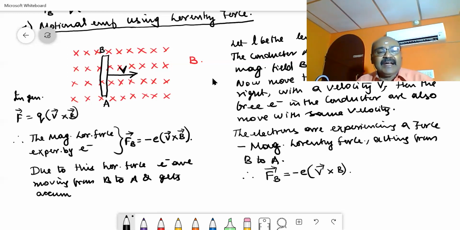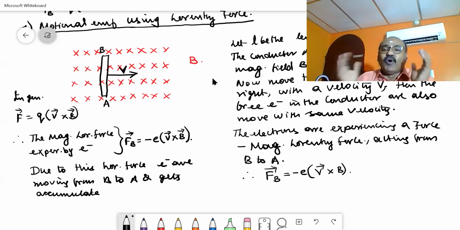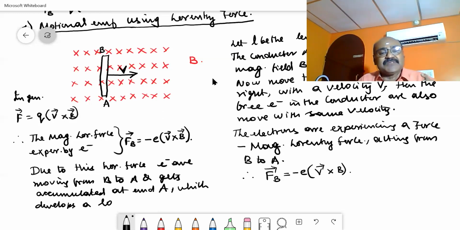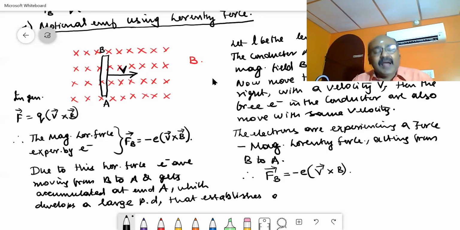Accumulated means the gathering of more and more electrons at A. So they get accumulated at end A. Due to the accumulation, a large potential difference develops between A and B, and that produces a large electrical field.